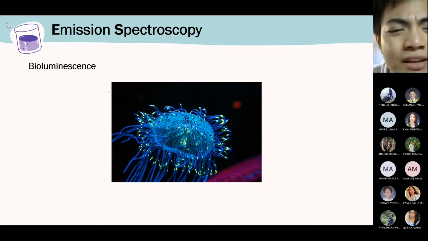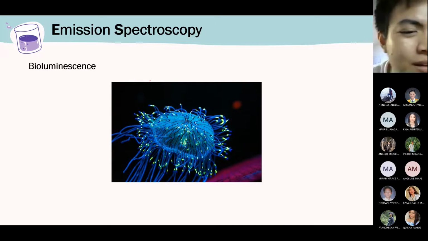We also have this thing called bioluminescence. Maybe you are more familiar with this. Some aquatic species, and not only aquatic species but even on land, release light. For example, the alitaptap, the firefly.